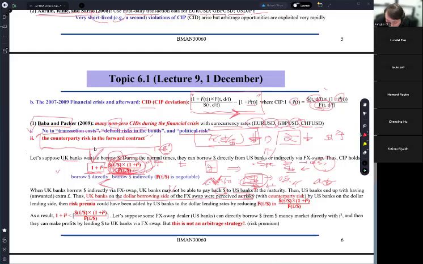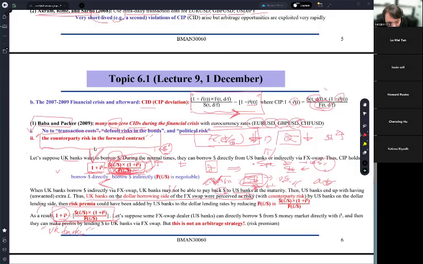That's what happened during the financial crisis. So as a result, even though we have this inequality, basically UK institutions cannot implement arbitrage strategy based on this one because they cannot borrow dollar directly. There is no way for them to borrow dollar directly.